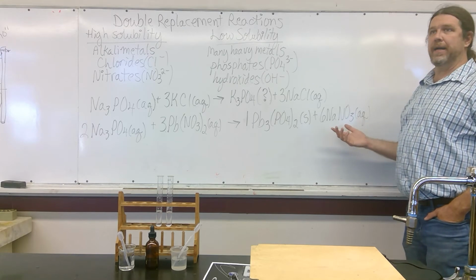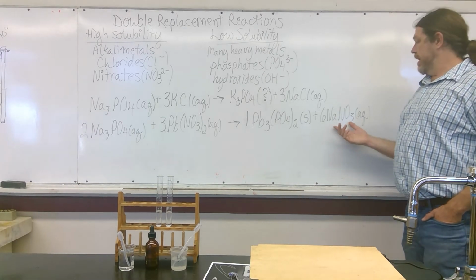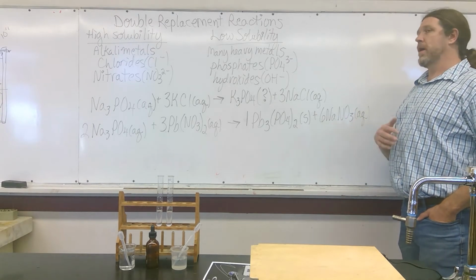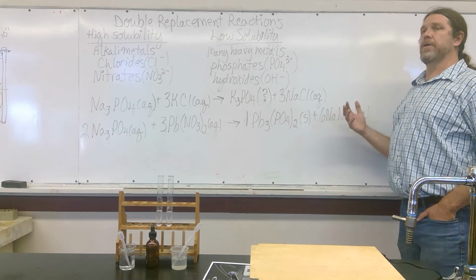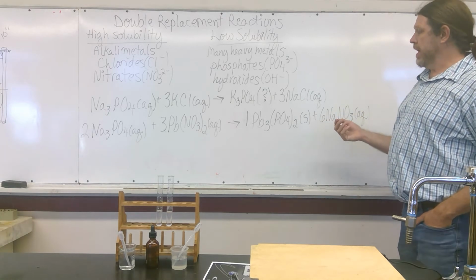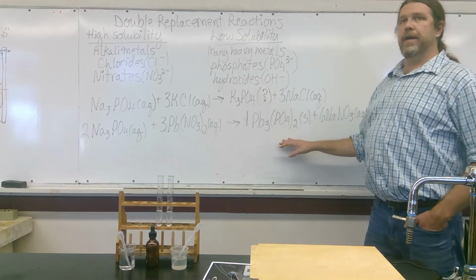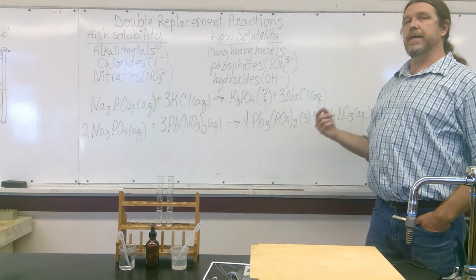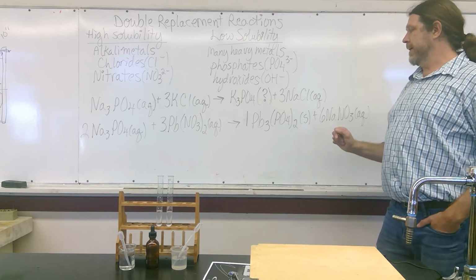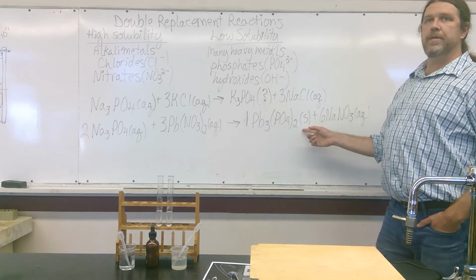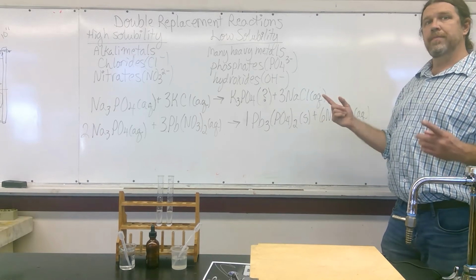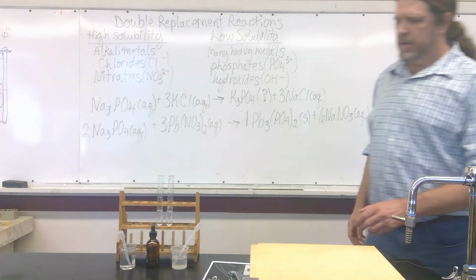As a matter of fact, sodium nitrate is one of the most soluble compounds in all the pantheon of hundreds of ionic compounds that are out there. On the other hand, lead phosphate has two classically insoluble ions, a lead cation and a phosphate anion. So I'm going to predict that we'll more likely have an insoluble solid. Let's find out what happens.